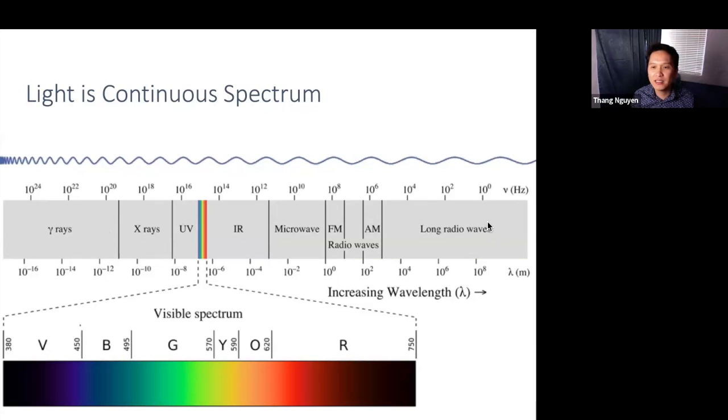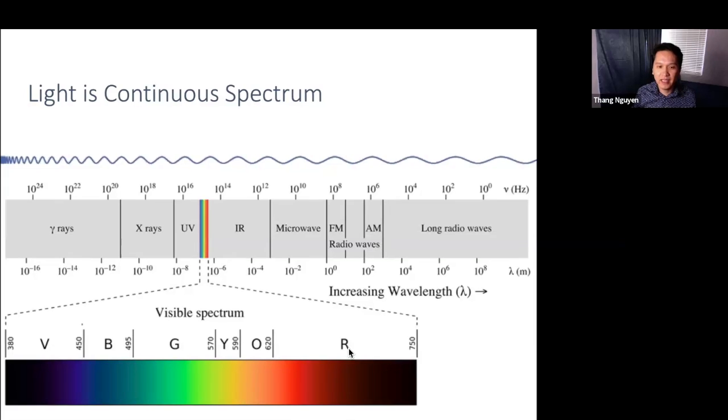But in any case, all of these we can't really see, right? There is a small sliver of the spectrum that we can see, in the wavelength between 750 and 380. We can see it because this is called the visible spectrum. When light falls within this spectrum, it can be presented to our eyes, right?